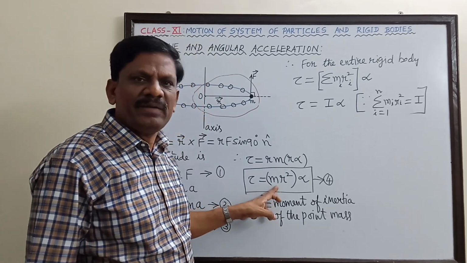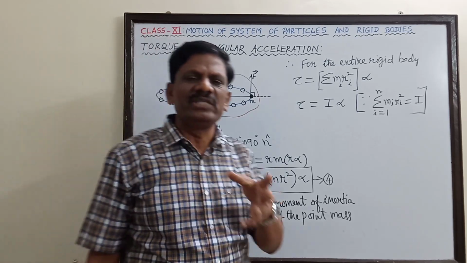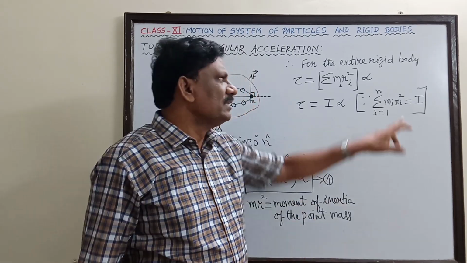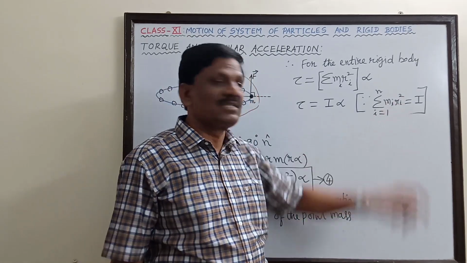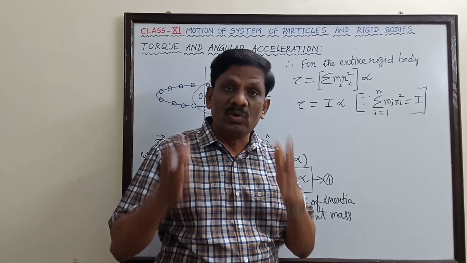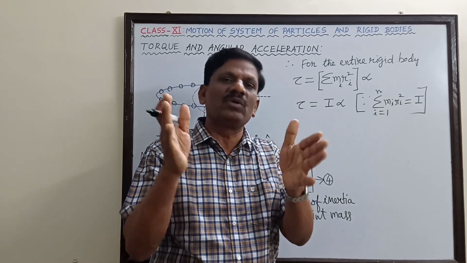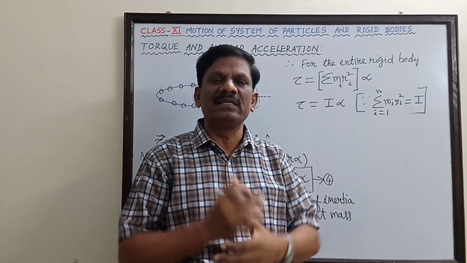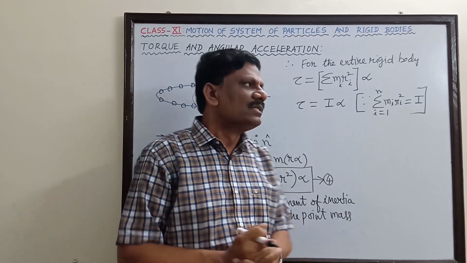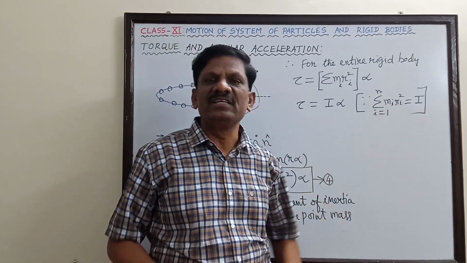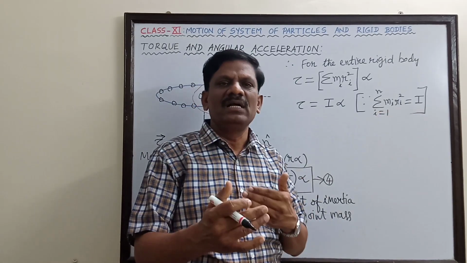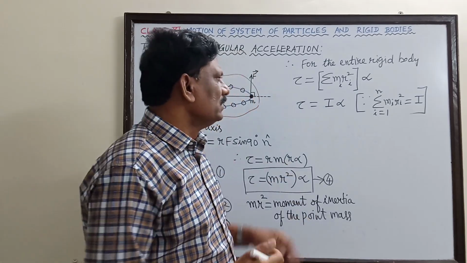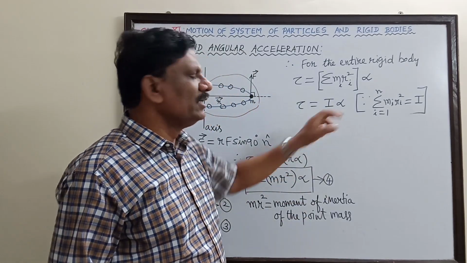Without sigma, m r square alone is called the moment of inertia, or the opposition offered by only one particle. So sigma m r square means the net, total effective opposition to the rotational motion of the rigid body by all the particles present inside the body. That is called the moment of inertia of the rigid body about a fixed axis. So tau is equal to I into alpha.